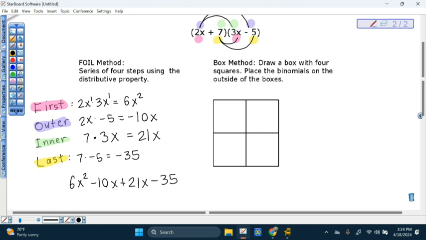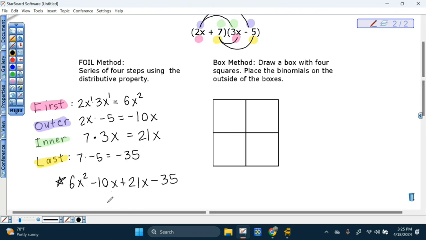And if I was just doing these problems, I wouldn't write it all out like this. You can write it all out like this, but I would just skip immediately to this step, right? I would do, okay, 2x times 3x, 6x squared. 2x times negative 5, negative 10x. 7 times 3x, 21x. 7 times negative 5, negative 35. Okay, so I go right to this step, but then I can simplify this part. How can I simplify this?